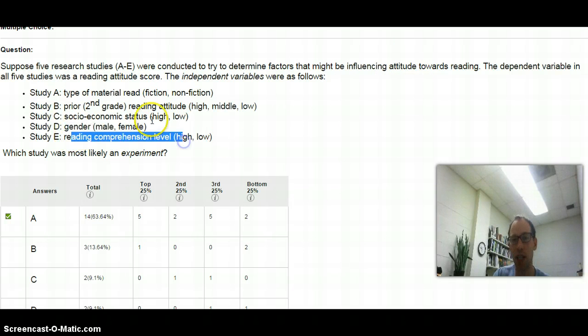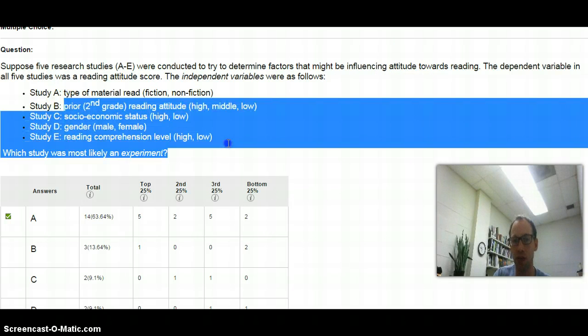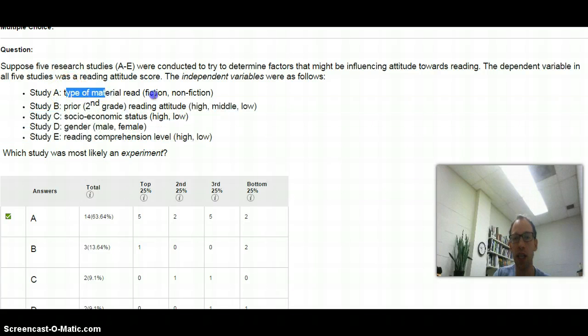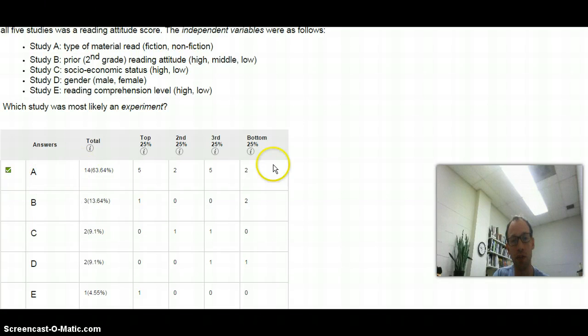Reading comprehension, again, I can't control any of these four things. Only in study A can I control the type of material. I can say, this group, you're going to be reading fiction for the experiment. This group, you're going to be reading nonfiction. I have control over that. So A is a potential experiment.